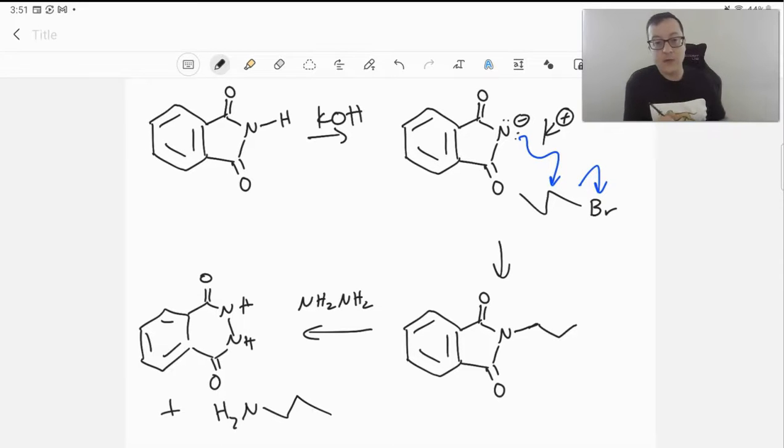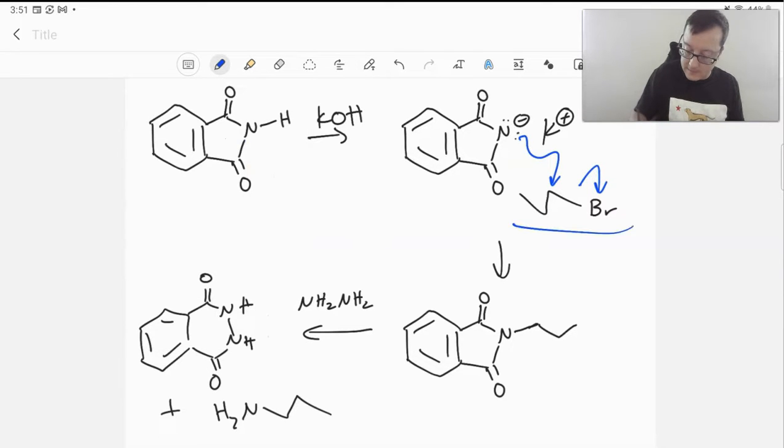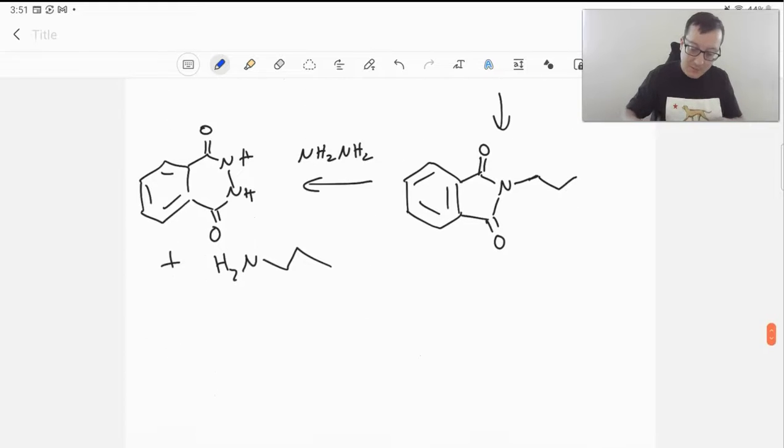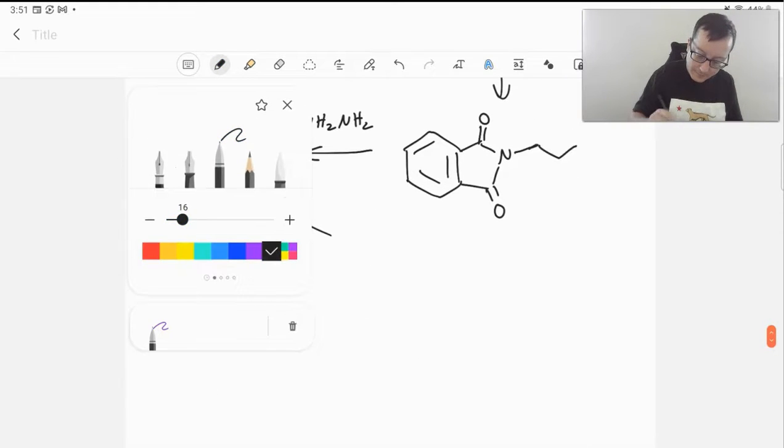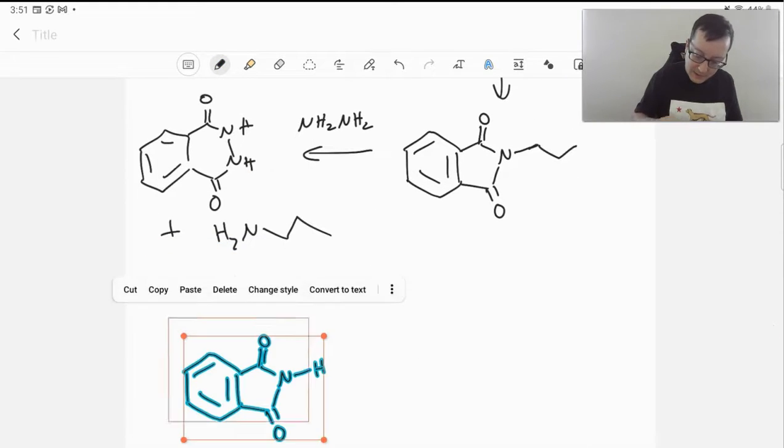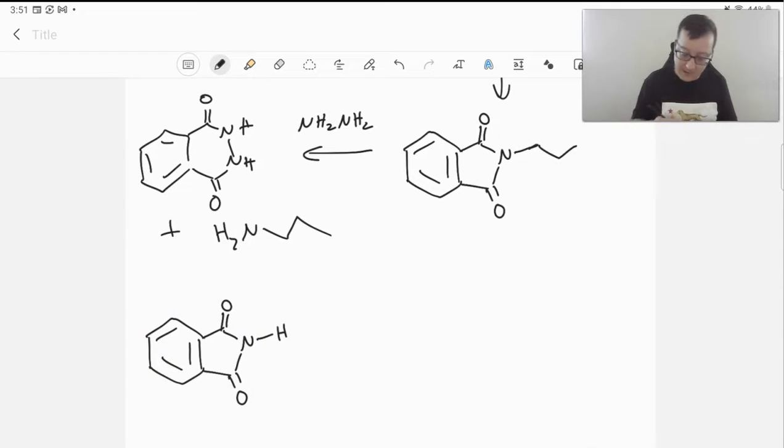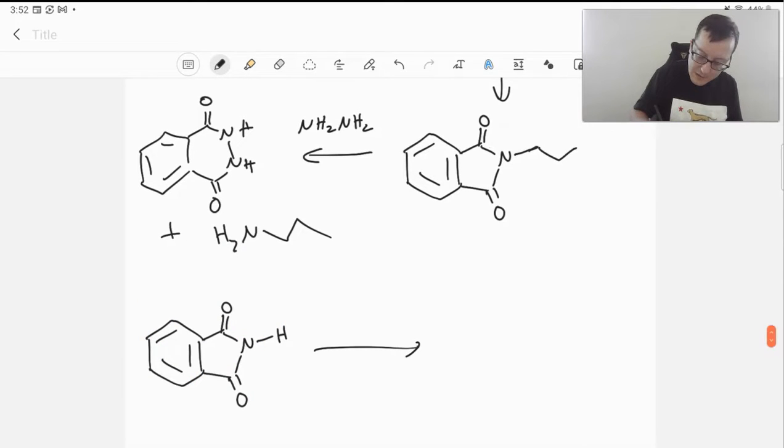1, 2, 3 carbons. So again, it works on alkyl halides. So this is our substrate here, our alkyl halide. That was a bromine. Wow. Using this phthalimide and the presence of base, followed by hydrazine. So generally speaking, we might see this as the following. You will either see your phthalimide as the starting reactant, and you'll treat that with KOH first.